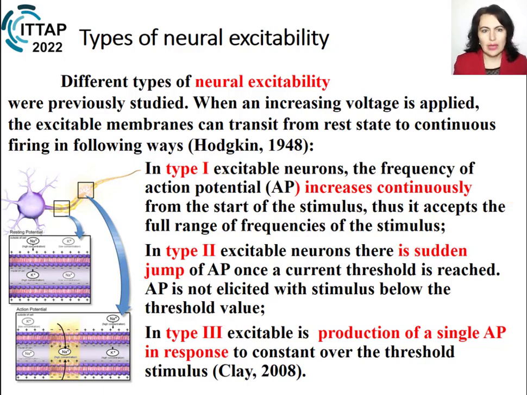In type 2 excitable neurons, there is a sudden jump of action potential once the current threshold is reached. In type 3, excitability is the production of a single action potential in response to a constant over-threshold stimulus.